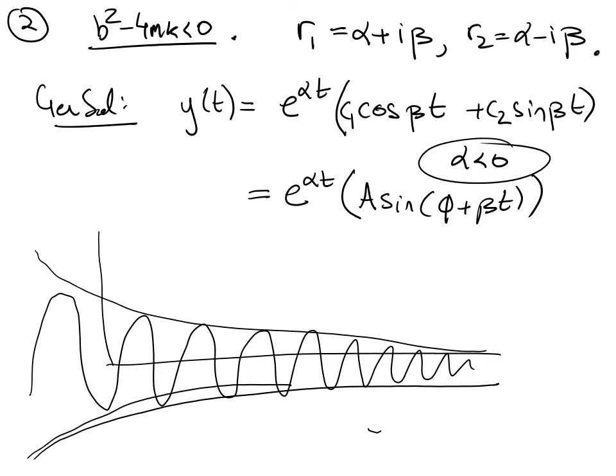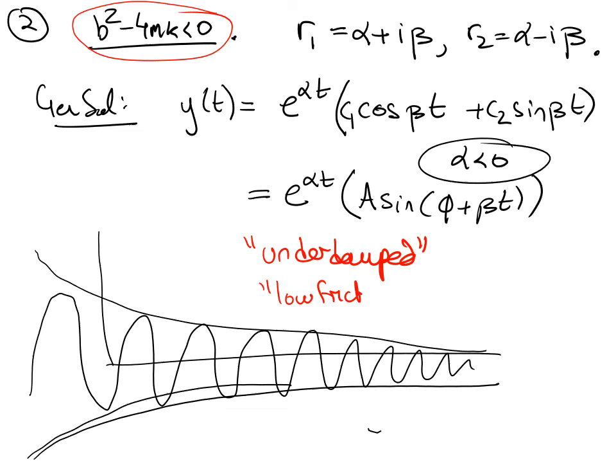It's going to eventually go to zero. But it's not strong enough to prevent it from oscillating entirely, and this is called underdamped vibration. This happens when b squared minus 4mk is negative, when there's low friction. I'm not making physically rigorous statements here, but that's the intuition.